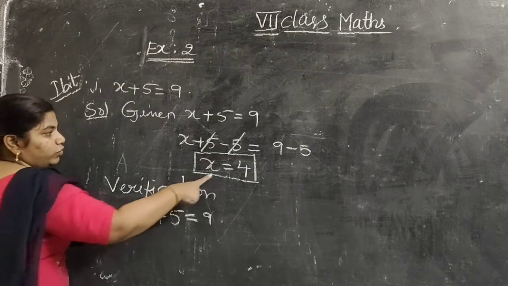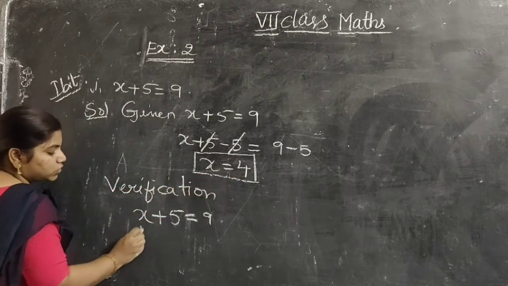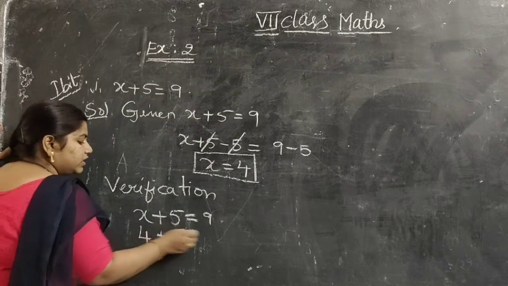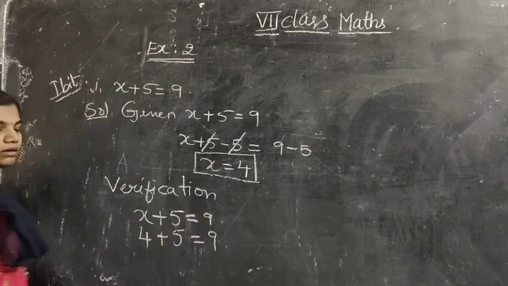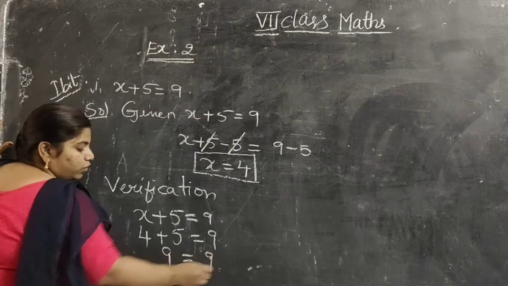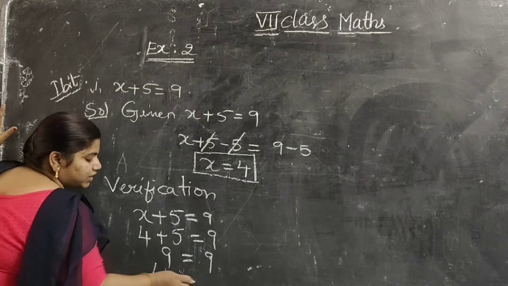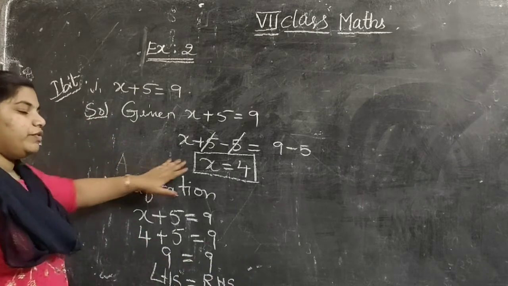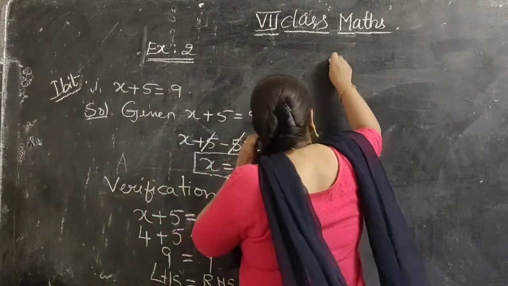The x value we got is 4. So in place of x I substitute 4 plus 5 is equals to 9. Now 4 plus 5 is how much? 9 is equals to 9. That means the LHS part is equals to the RHS part, so what we did is correct.